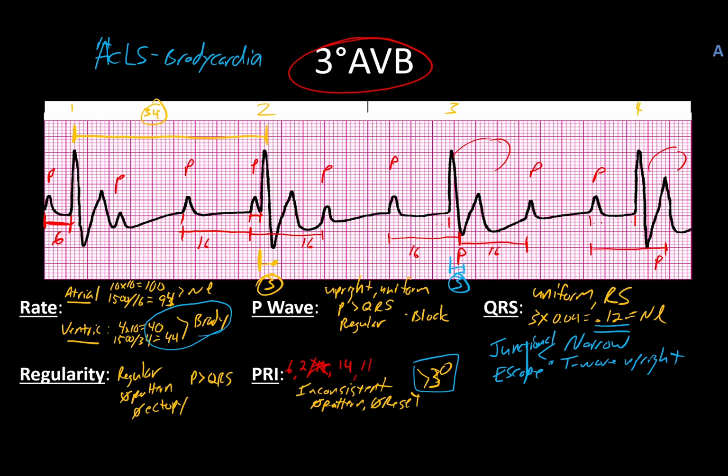Then you can go ahead and put the pads on them in the meantime, because that's really what you're going to need to do. Dopamine might make a bit of a difference, because if it's junctional, the dopamine should help. But either way, I'm going to go ahead and say this is third degree AVB with junctional escape.